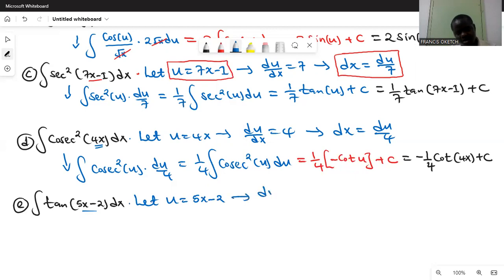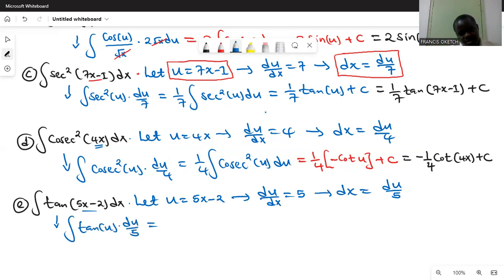So when I differentiate, I get du dx to be equal to 5. Or you can make dx the subject. That will give you du over 5. Now, let's substitute those two into our given integral. When I substitute here, I'm going to get the integral of tan u du over 5, which is the same as 1/5 the integral of tan u du.